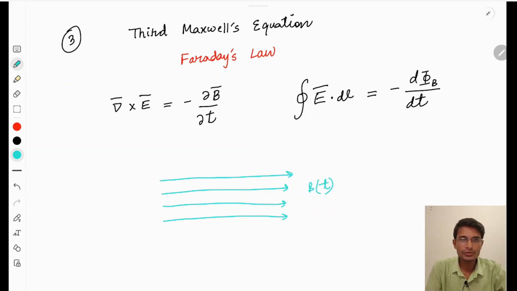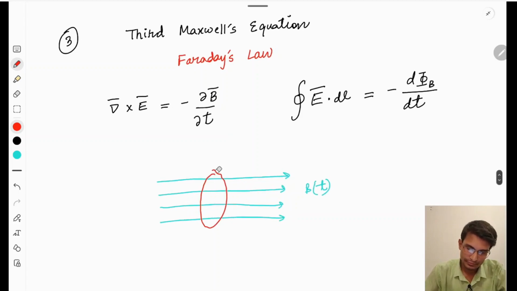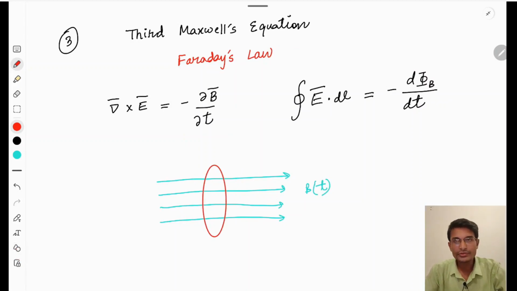Now, because this magnetic field is varying in time, an electric field will be formed around that region, something like this. So an electric field will be formed around the region where the magnetic field is changing.